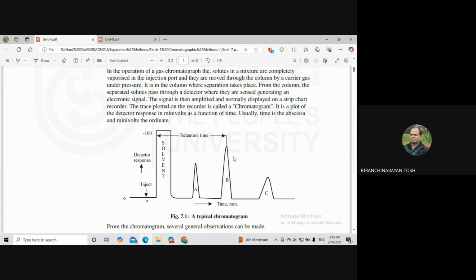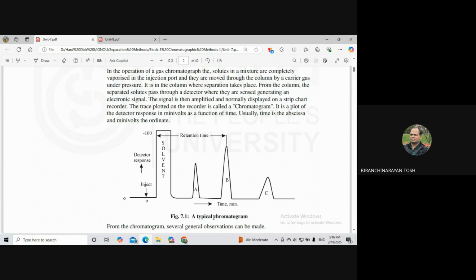So usually the chromatogram looks like this, where we are getting the solvent peak having very high intensity, then different components. So from solvent to component peak, this is known as the retention time. Under a given set of experimental conditions, each peak has a characteristic retention time and the retention volume VR that are useful in qualitative analysis of the solutes.